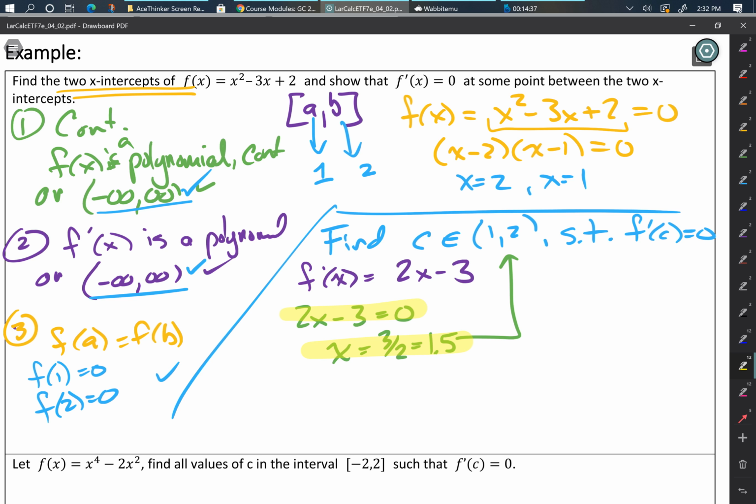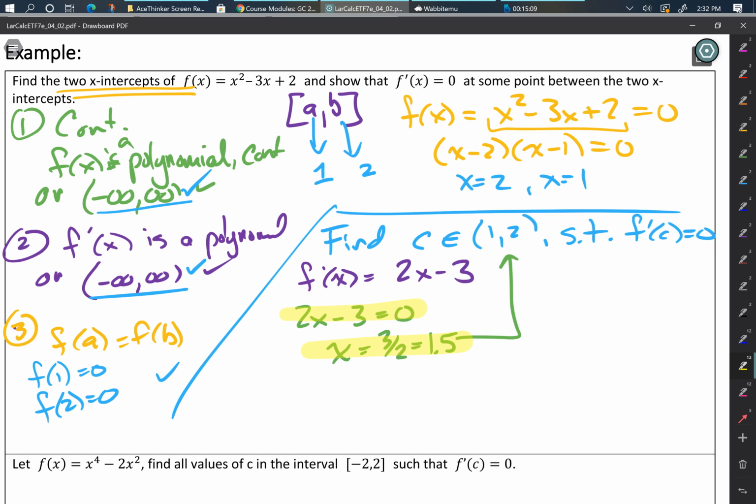So if I had gotten two answers, one of them 1.5 and one of them 4, I would keep the 1.5 because it's on the interval that I care about. But what would I do with the value 4? I just simply throw it away because it's not on the interval that I care about. It's a solution to the equation that I set equal to 0, but it is not a solution to the problem because I'm only supposed to be looking for answers between 1 and 2.